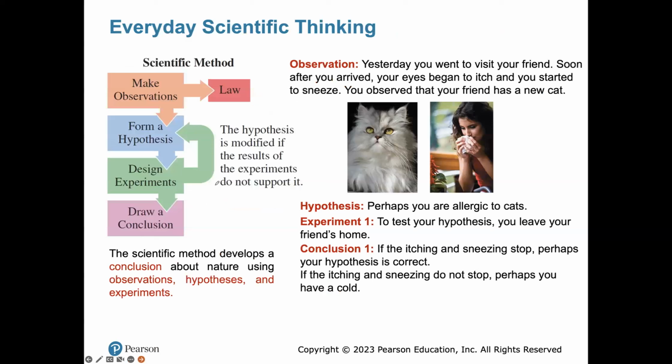Now, if we look at an everyday application of scientific method thinking, let's say that yesterday you went to visit your friend, and soon after you arrived, your eyes started to itch, and then you started to sneeze, and you observe that your friend has a new cat.